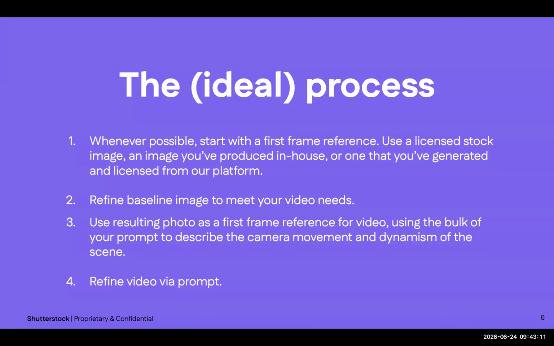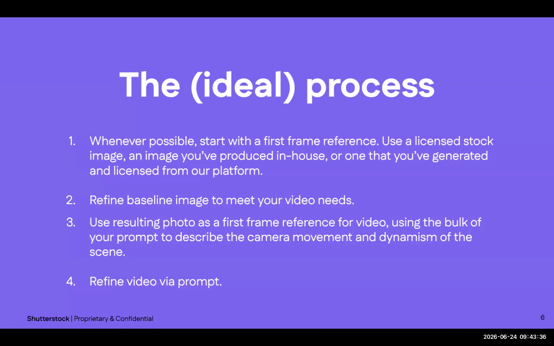Because if you think about it, if you're just using keywords, it essentially has to do two things. It has to generate a baseline image and then all of these other images on top of it, and the action and the animation. So it can get a little bit bogged down in that. You can create amazing content using just keywords, but really the better approach is to use a first frame reference. And on our platform, you just have to use a licensed image.